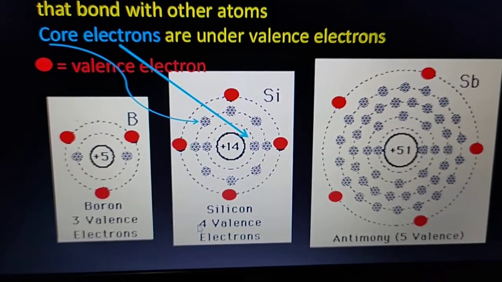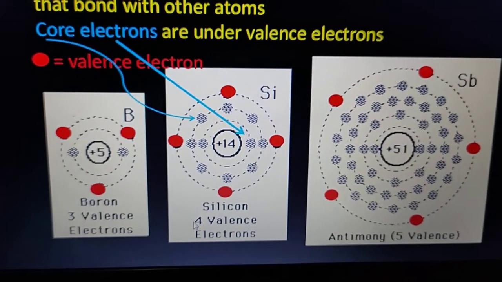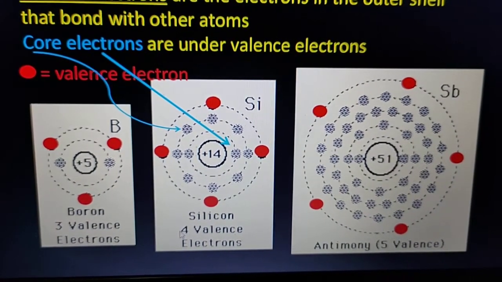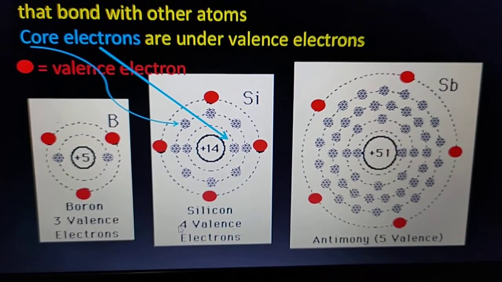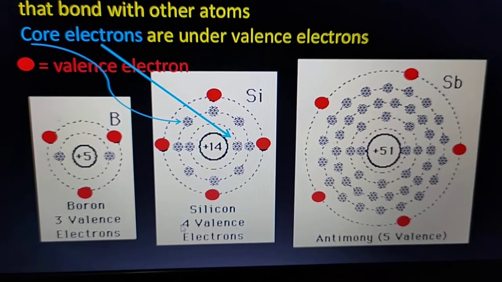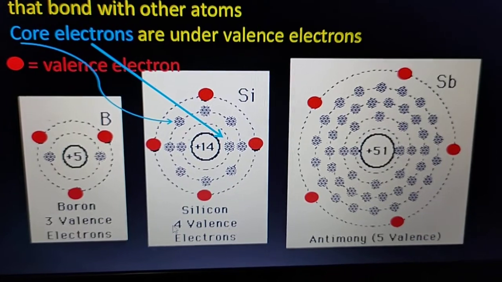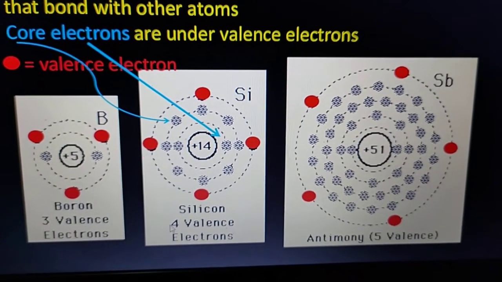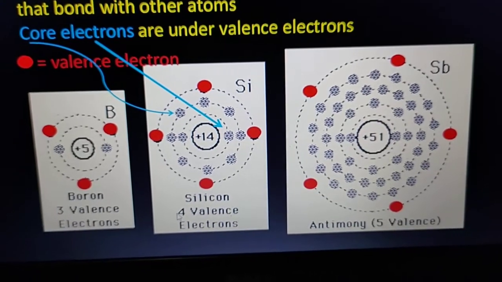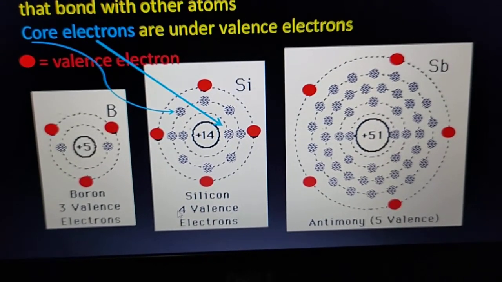So there are 3 valence electrons in boron. In the same way for silicon and antimony also. Silicon has atomic number 14, so if you arrange it, 2, 8, 4. So there are 4 electrons in the outermost shell, and silicon has 4 valence electrons.